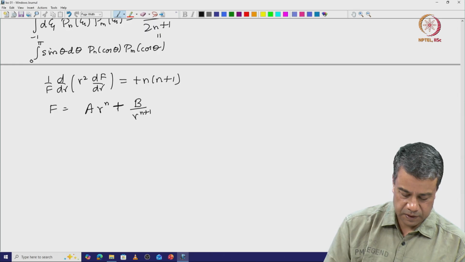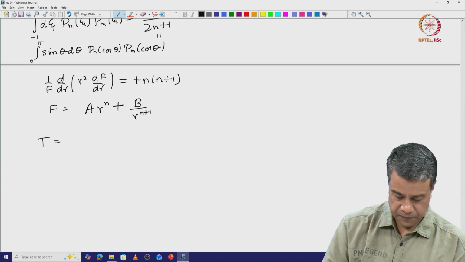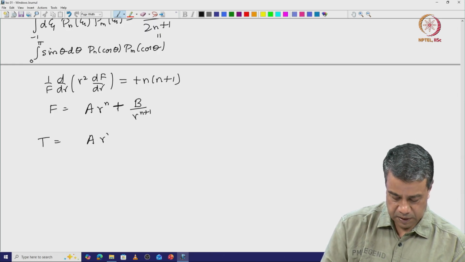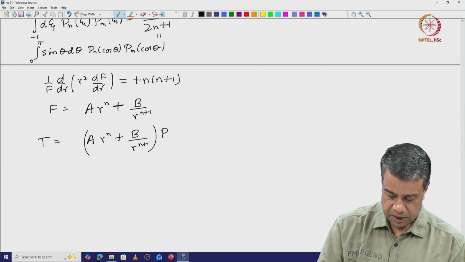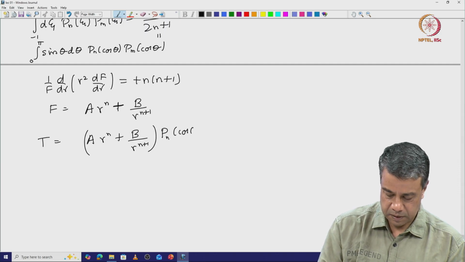Therefore, the solution for the temperature field is a r power n plus b by r power n plus 1 times Pn of cos theta.